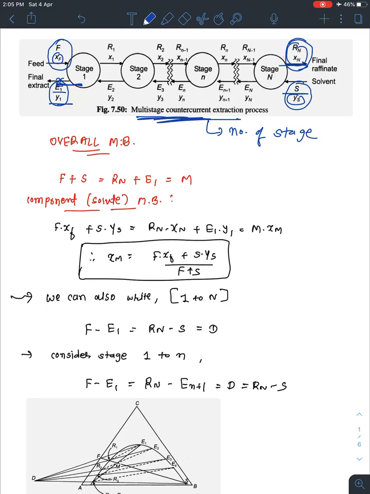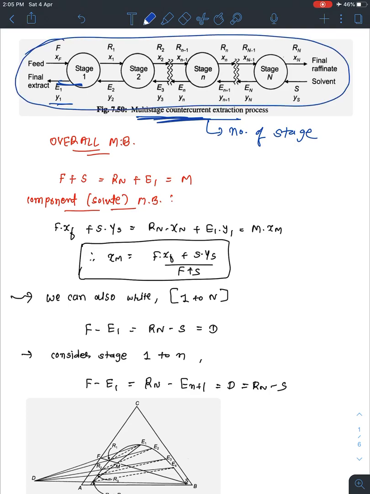Got it? So we have to imagine two envelopes. Let me clear this. First we will imagine the total envelope 1, that is the total material balance, and then afterwards we'll imagine from stage 1 to n stages. We'll get some equations that would be helpful.